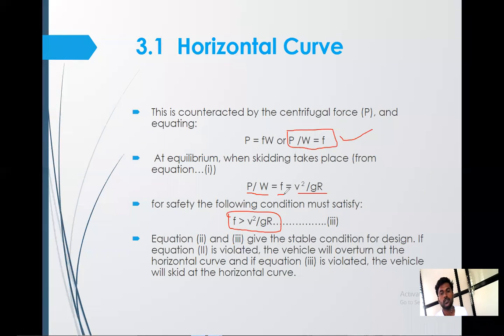This is the equilibrium condition, at the stage of failure. If f is less than V square upon GR, then our vehicle fails or skids. If f, the friction factor, is greater than V square upon GR, the centrifugal ratio, then we can say that our vehicle is safe against lateral or transverse skidding.